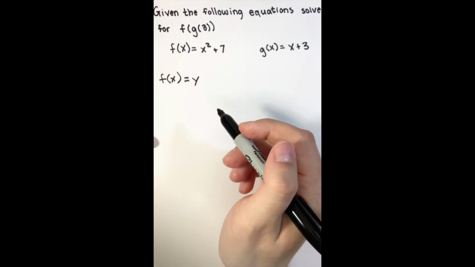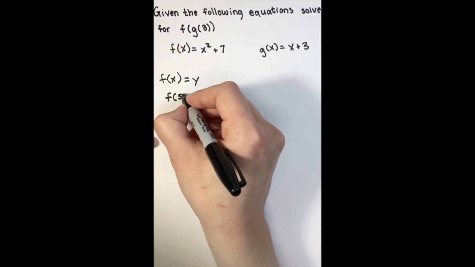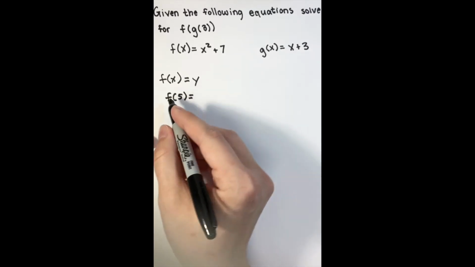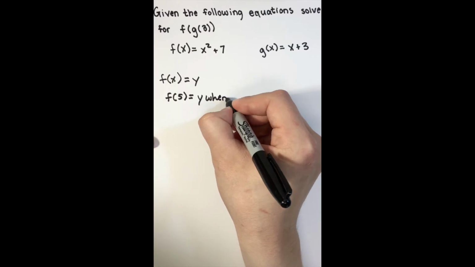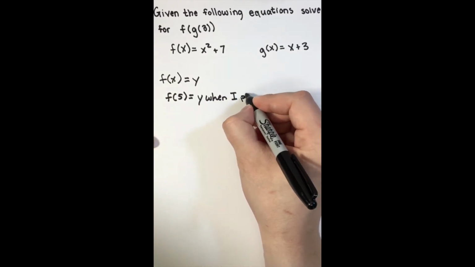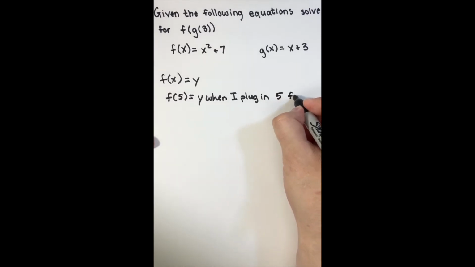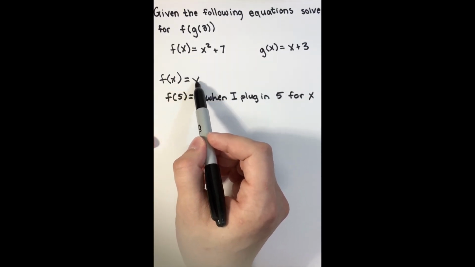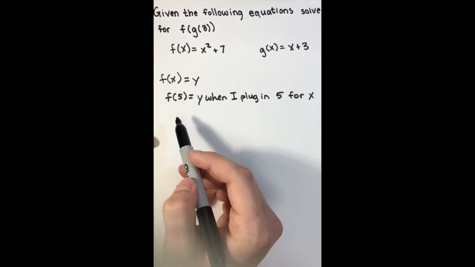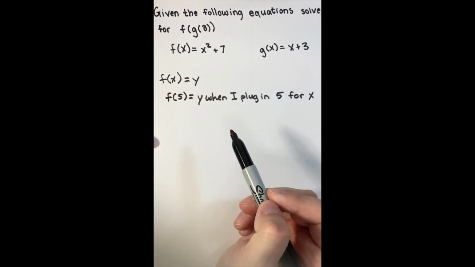It's just a little bit more detailed, because if I put f of, say, 5, this is the same thing as saying y when I plug in 5 for x. So don't be intimidated by seeing f of x, because it's really the same thing as y. It even gives you a little bit more detail.